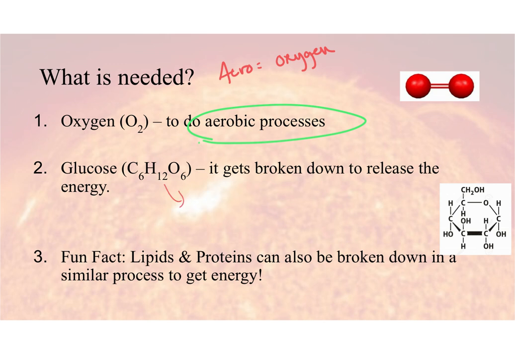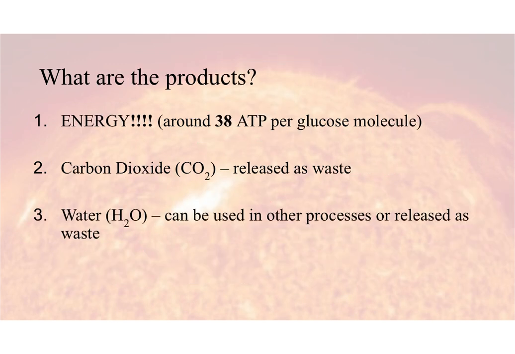Again, we get this from photosynthesis, or if you're a heterotroph, eating. Now, lipids and proteins can be broken down to use as energy, but that's only when there are no carbohydrates available at the time, okay?